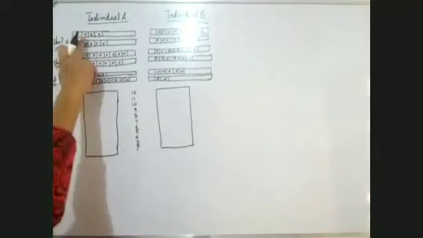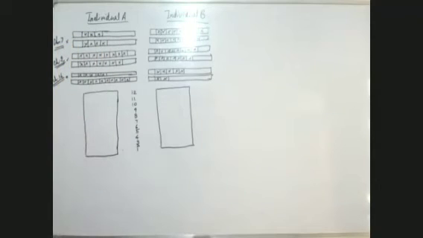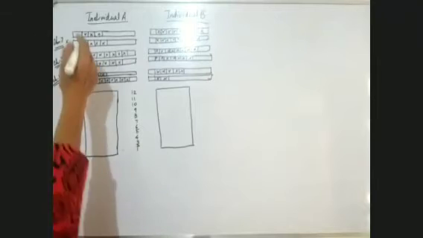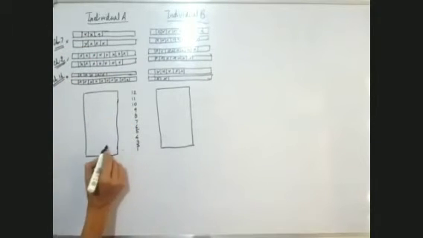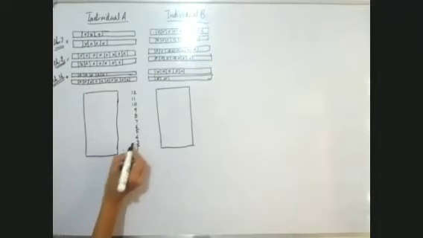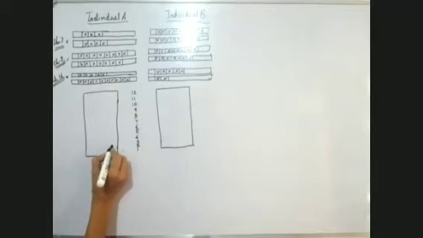Chromosome 7 has 3, so the band of the first chromatid will appear here, the band with 3 crosses.